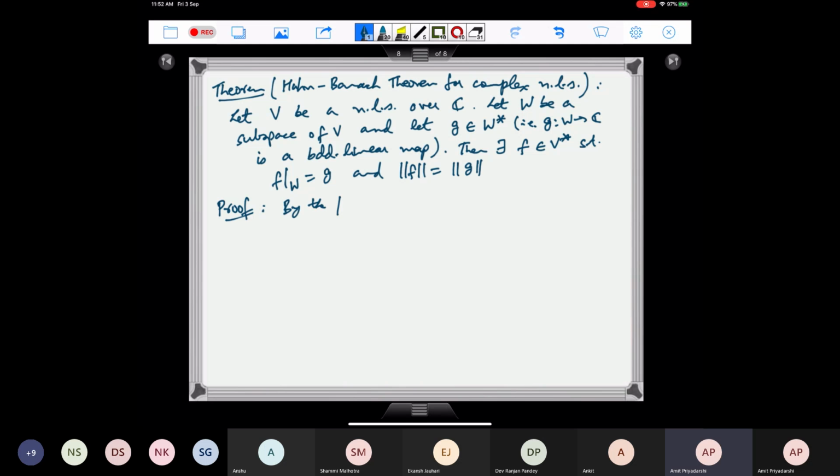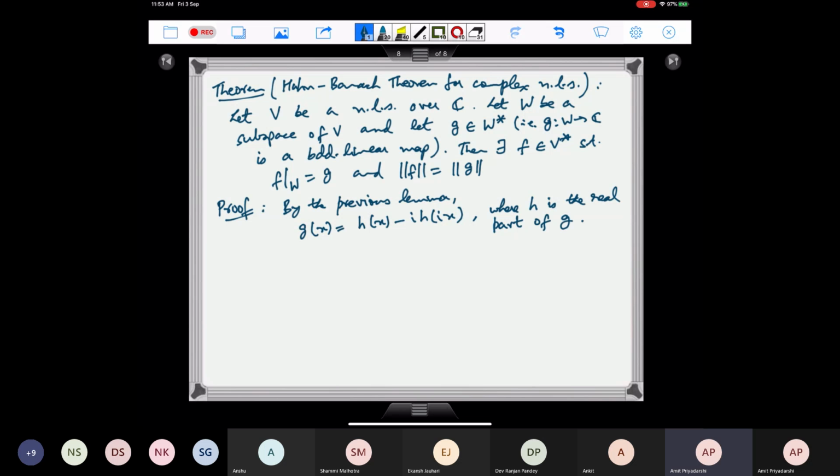So by the previous lemma, this G of X is equal to H of X minus iota times H of iota X, where this H is the real part of G. Right.